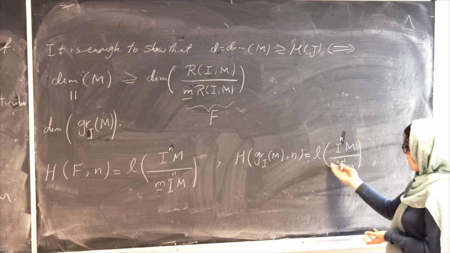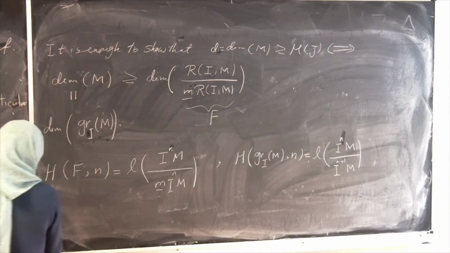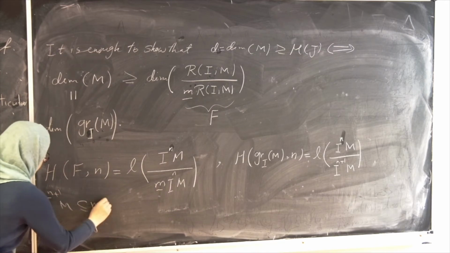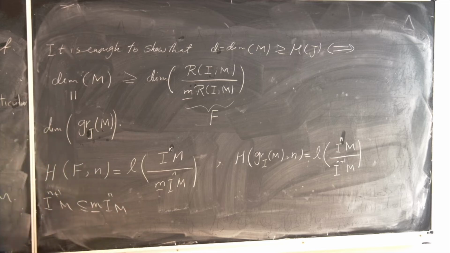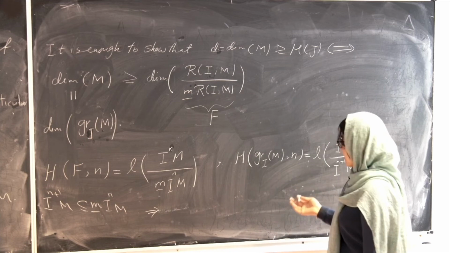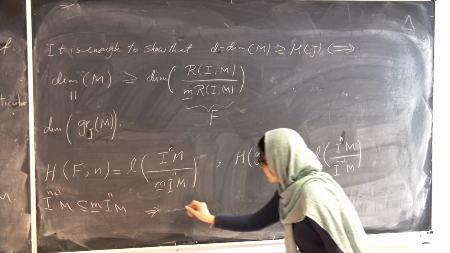Why? Because this submodule, I^(n+1) M, is contained in m times I^n M. So we have this inequality for the lengths. I just write it in terms of the Hilbert function.